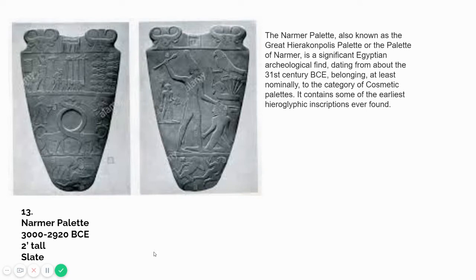It is one of the earliest Egyptian artifacts that we have. What's important to understand about this piece is that it contains some of the earliest hieroglyphic inscriptions ever found.